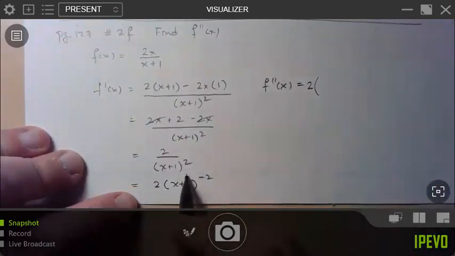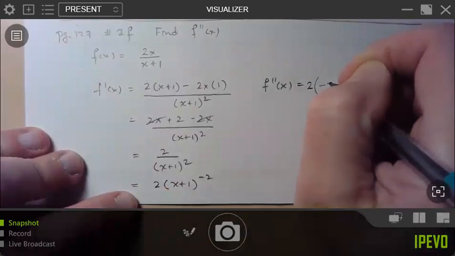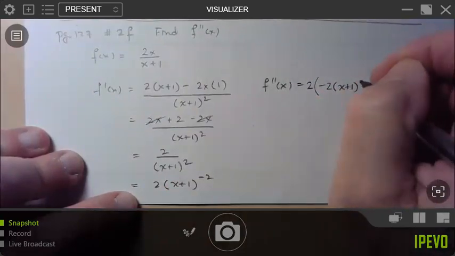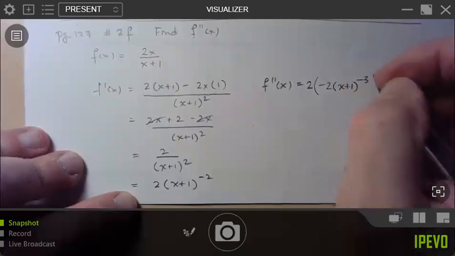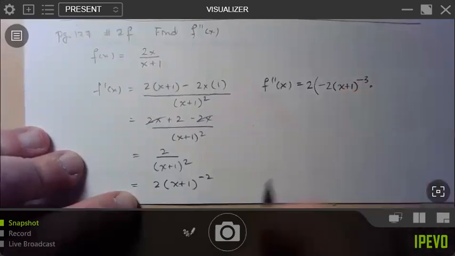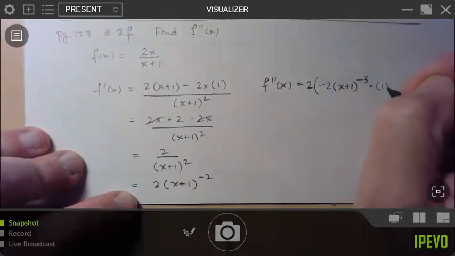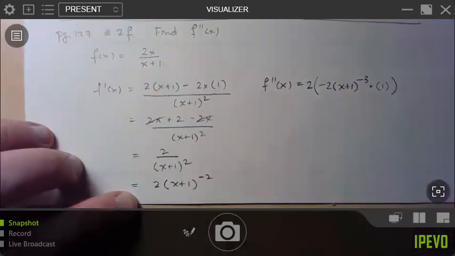And now let me find the derivative of this thing here. So again, I ask myself, what's the derivative of u to the negative 2? Well, it's just negative 2 times u to the negative 2 minus 1, which is negative 3. Okay. And then I multiply that by the derivative of u, but the derivative of x plus 1 is just 1. Okay. And there's my answer.